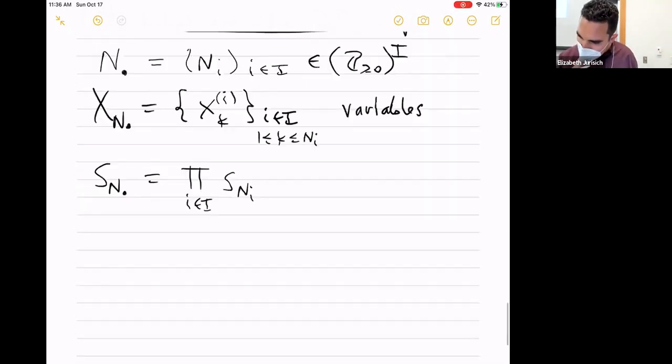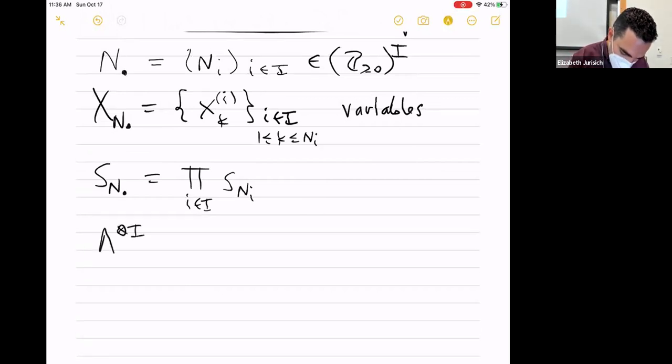Here's what you can do. Wreath Macdonald polynomials are symmetric polynomials in infinitely many variables, and you can project. So this is the finite thing.